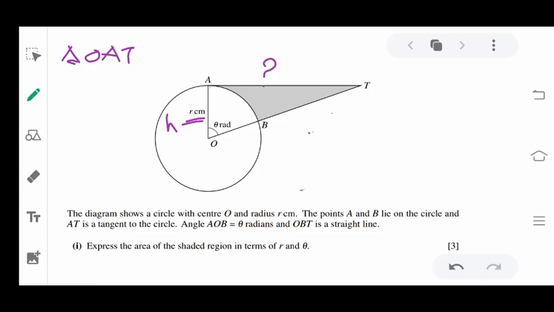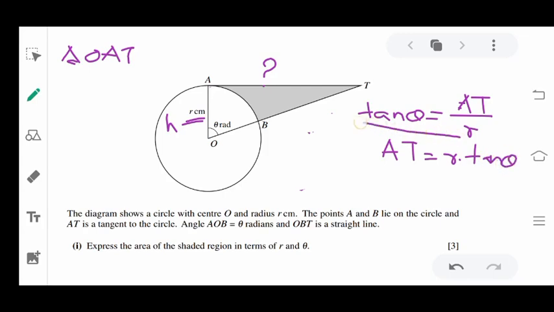For that, let's use the term tangent. We know that tan theta is opposite side divided by adjacent side. So tan theta is equal to AT by r, or AT is equal to r tan theta by using cross multiplication.